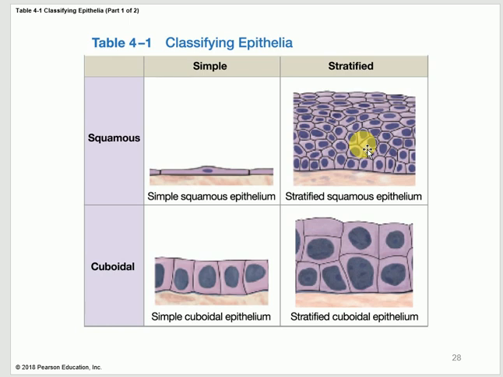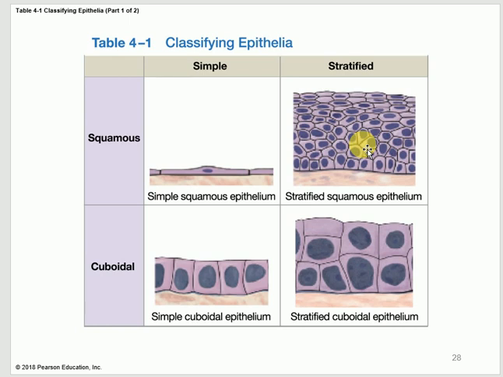No, if that's the case, we go with the top. I don't care about the bottom. This is how they agreed to name it. So if you see stratified, stratified what? Squamous or cuboidal? You have both of them. It's the top layer. In this case, the top layer is squamous. See how it's squeezed flat? So we call it stratified squamous.